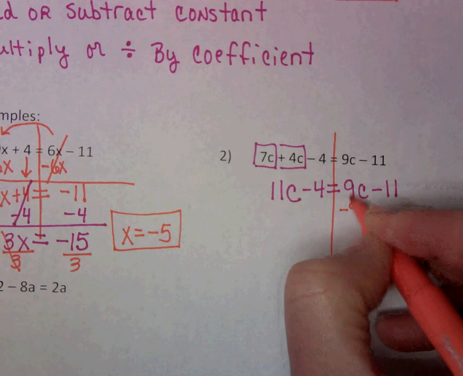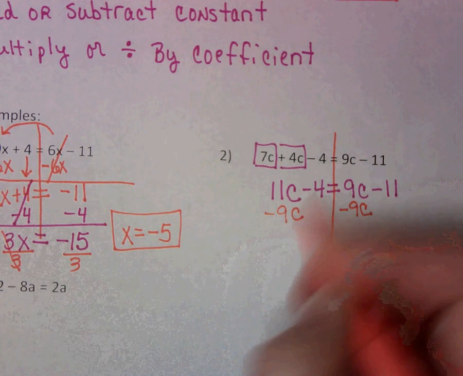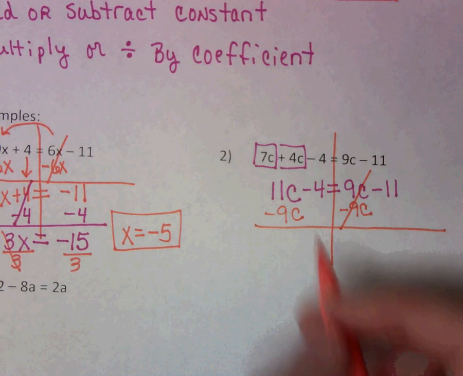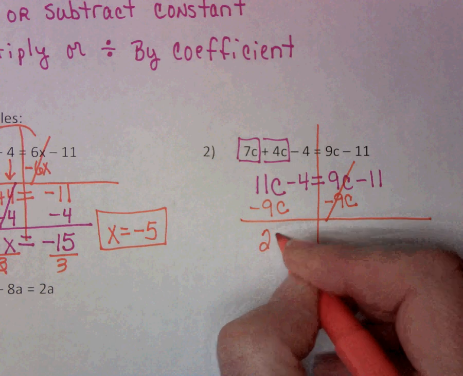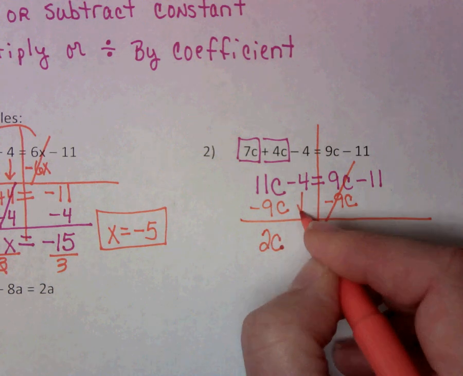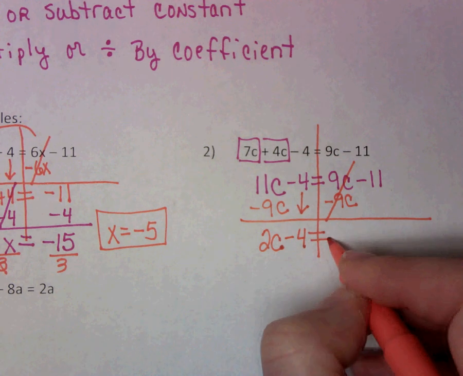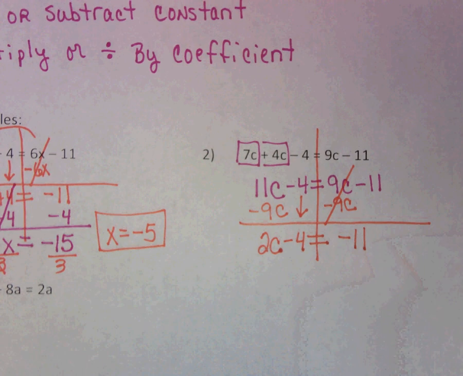If this was negative 9, then we would add, but it's not. Okay, my variables cancel out. 11c minus 9c is 2c. Write what we have left. Negative 4 minus 4 equals, notice here again we have a negative 11.